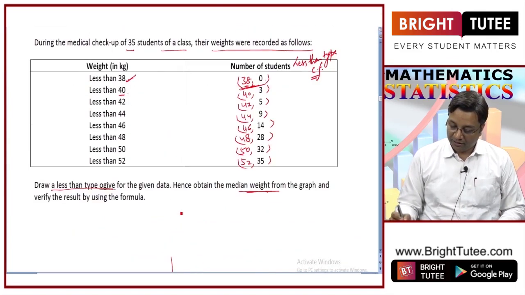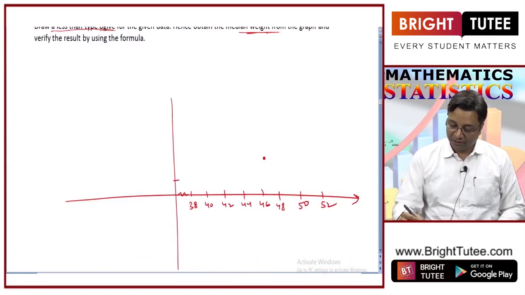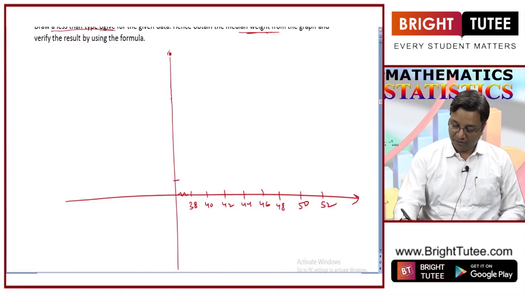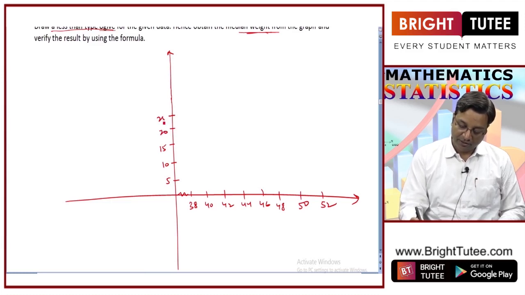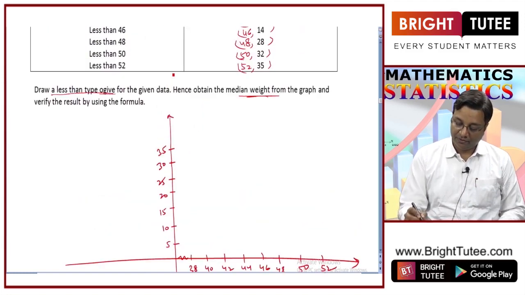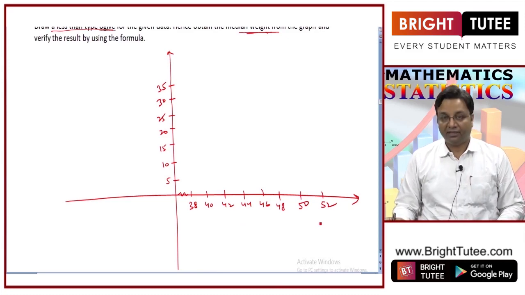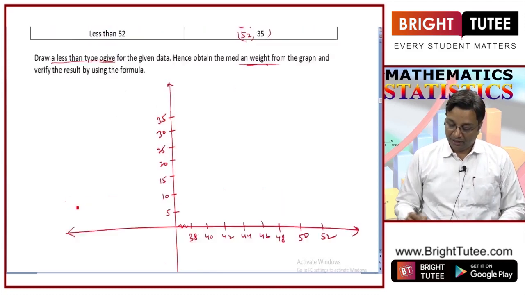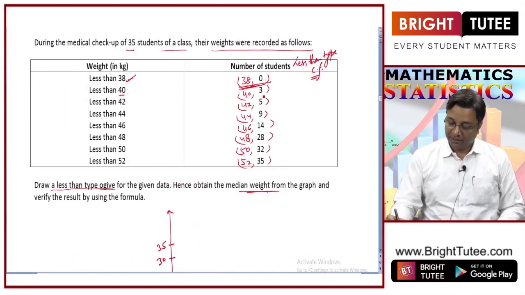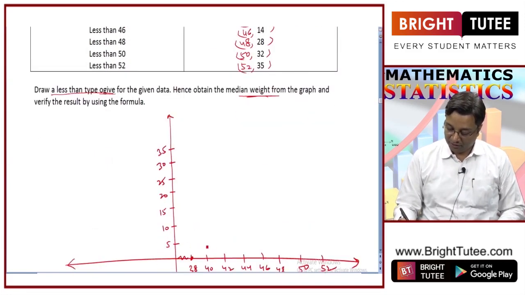On the y-axis we would require from 0 to 35. So let us start with 5 here, 10, 15, 20, 25, 30, 35. Okay. On the y-axis I have taken a different scale, on the x-axis I have taken a different scale. Now the first coordinate is 38, 0. So this is the coordinate. Second 40, 3. So this is the coordinate. 42, 5.